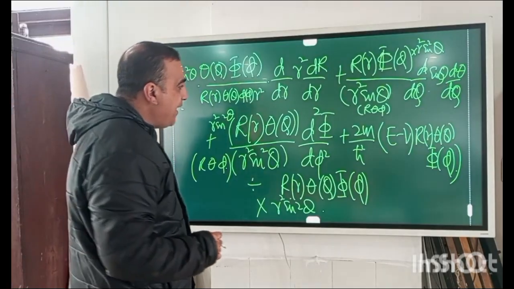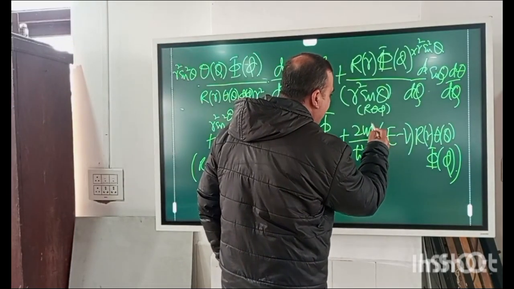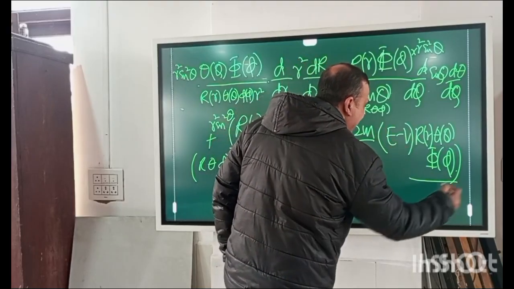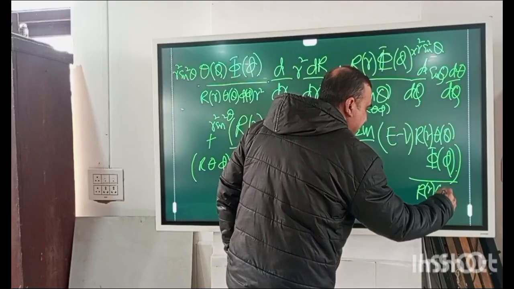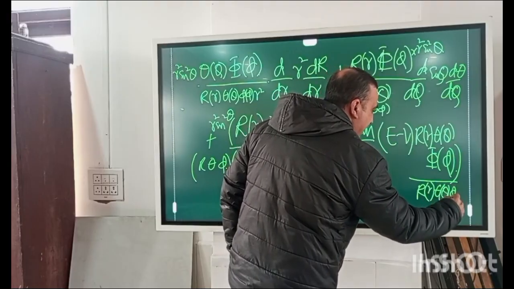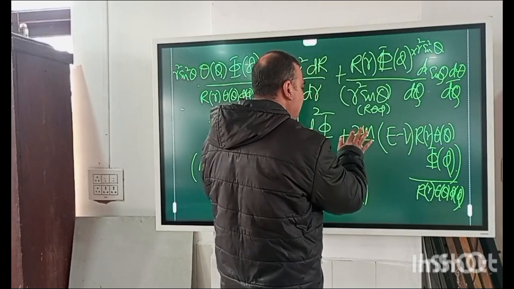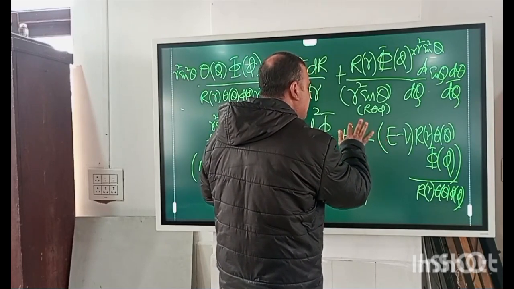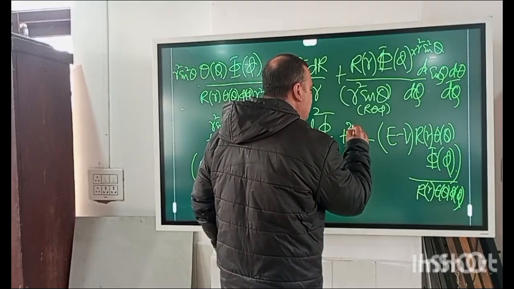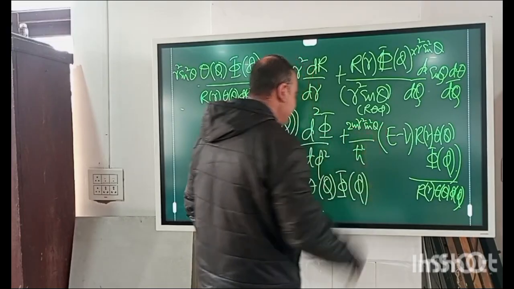And then here I will divide by r of r, theta of theta, and phi of phi. Here I will be multiplying this by r square sine square theta. So here you will have 2m r square sine square theta.